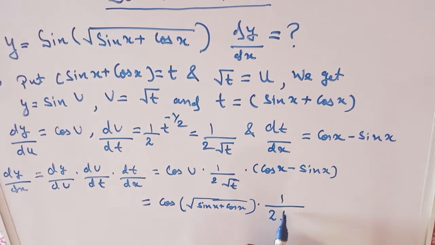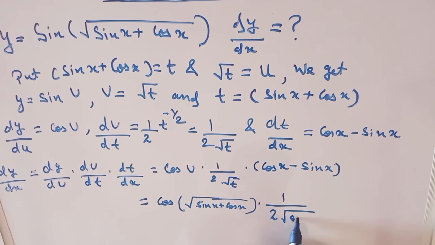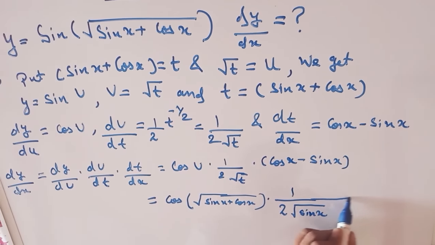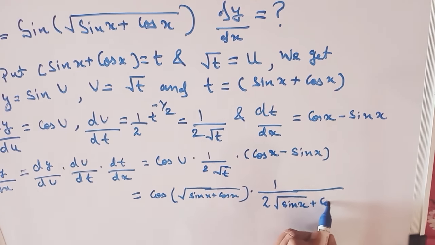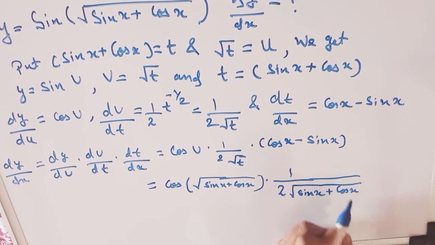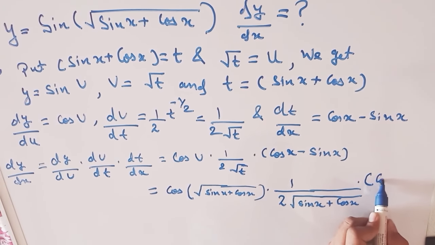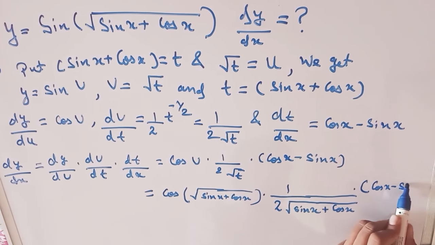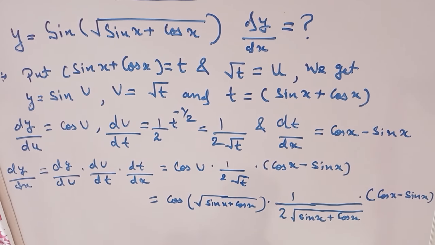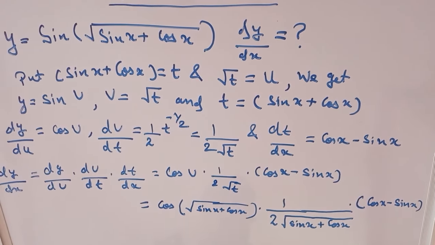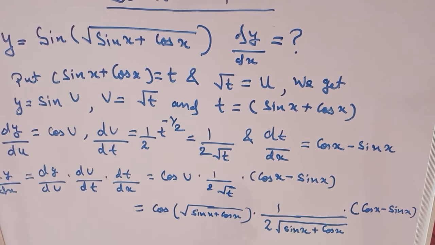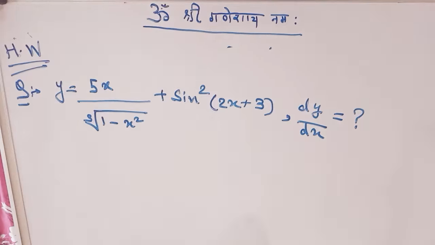So root t will be root of sin x plus cos x. Then the multiplication is with cos x minus sin x. So this will be our required answer.